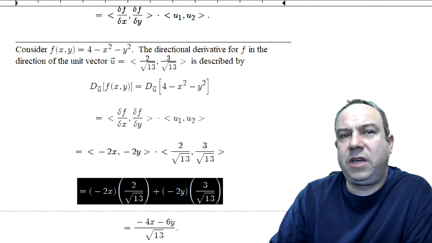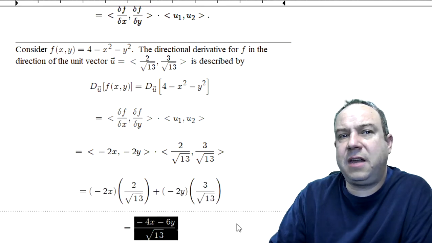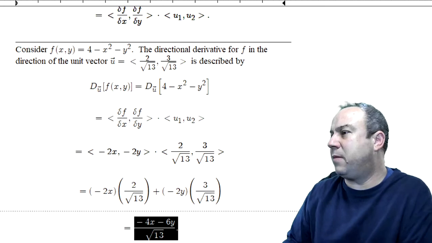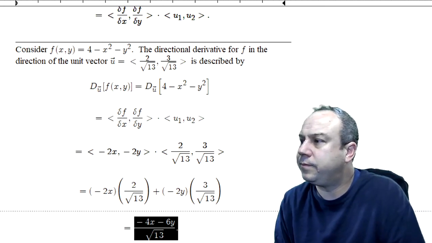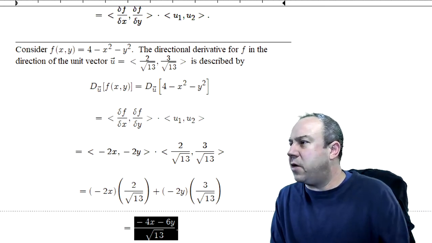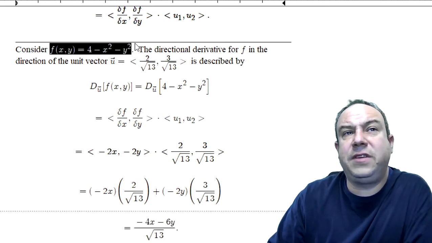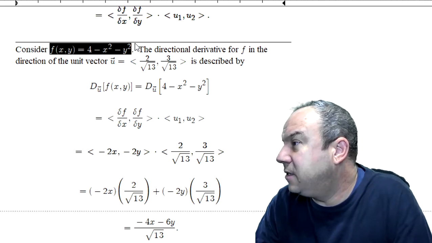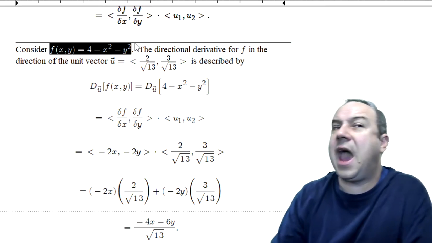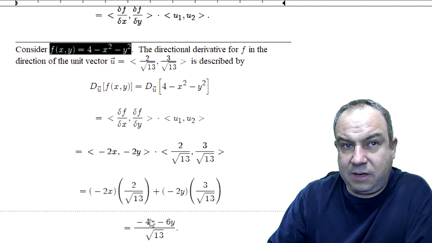Simplifying that result, we can write the directional derivative as negative 4x minus 6y divided by the root of 13. This describes the derivative on the surface f in three-dimensional space at any xy coordinate.